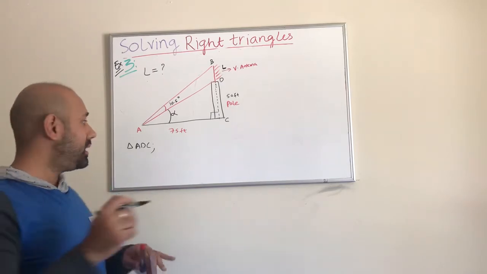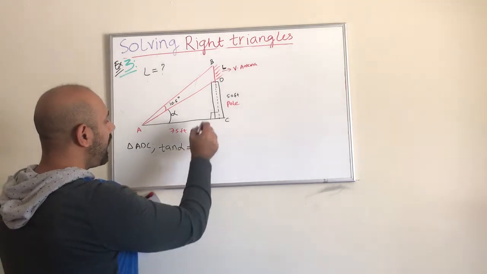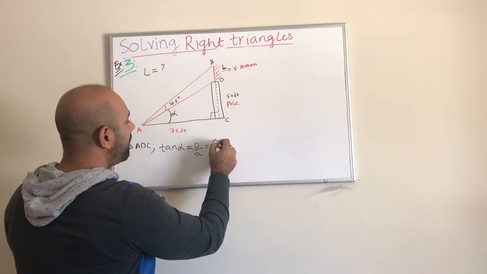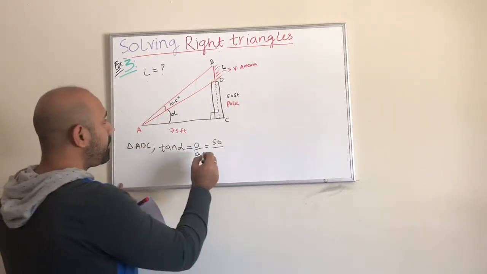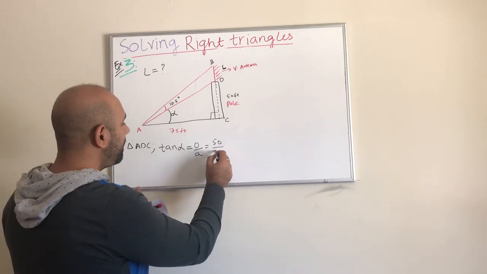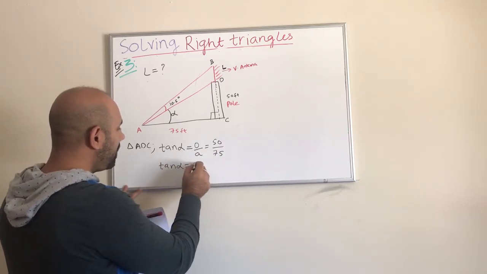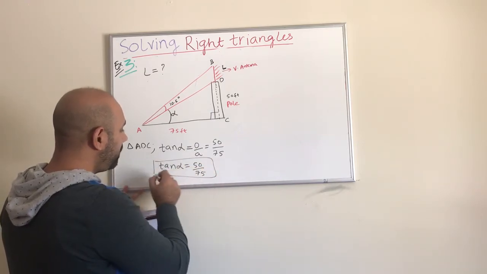So I'm going to write tangent of alpha equals opposite over adjacent, and opposite in this case is 50. Keep in mind, I'm just looking at the smaller right triangle. One thing at a time. 50 divided by 75, that means tangent of alpha is 50 over 75. From this equation, we can figure out the value for alpha.